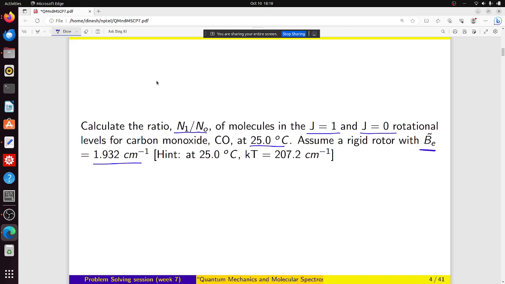for rotational states, we know if J is non-zero, then there will be 2J plus 1 degenerate states, similar to ml.